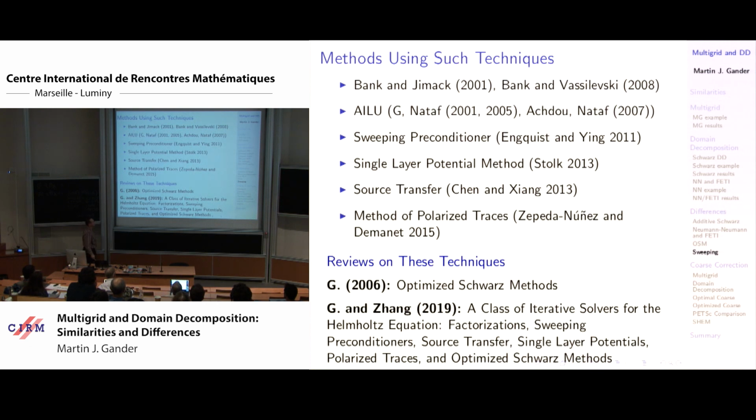And it took us about 5 years to show that all these methods are based on the same mathematical principle. At the continuous level, it's this optimal Schwarz sweeping method. And at the discrete level, it's the exact block LU decomposition. There's a paper that just appeared now in SIAM Review. A simpler introduction is given in 2006, but I had no clue yet about all these further relations. These algorithms were not there yet.